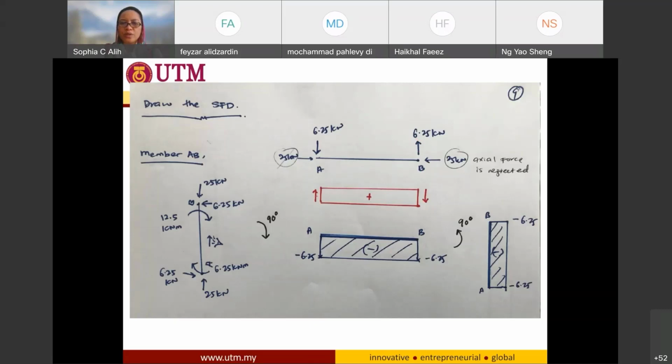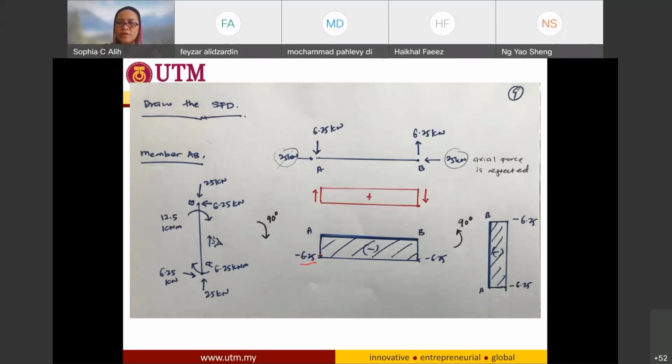If this is our reference line, we put here negative 6.25, because it is the opposite direction of our guidance.